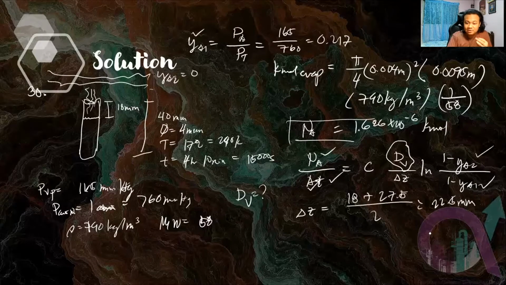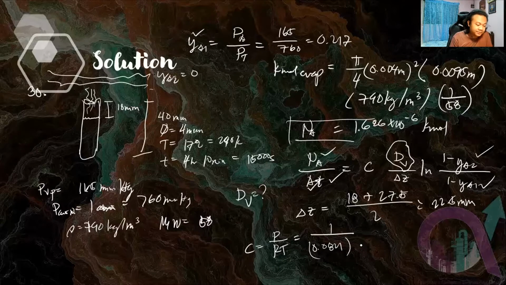Okay, plugging in all that we know. We have C, we don't know C yet. So C is equal to P over RT. So we have 1 atm over 0.0821, times 290. Okay, you will have 0.042 kmole per m3.